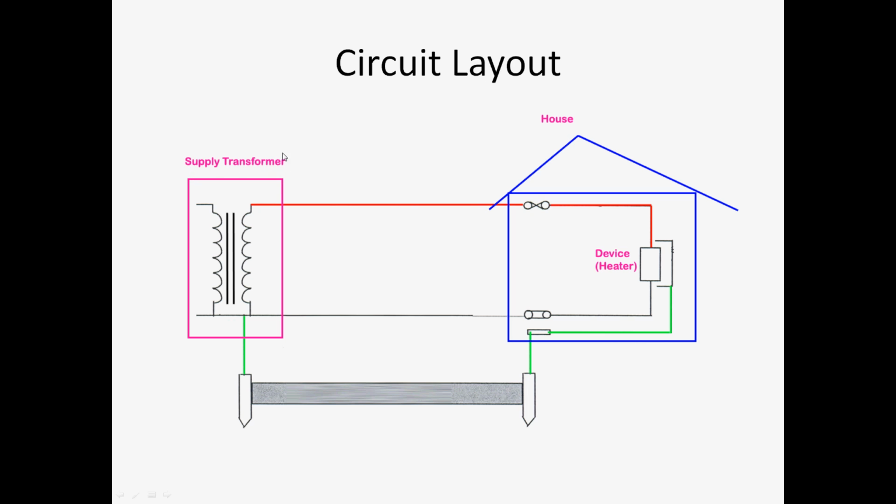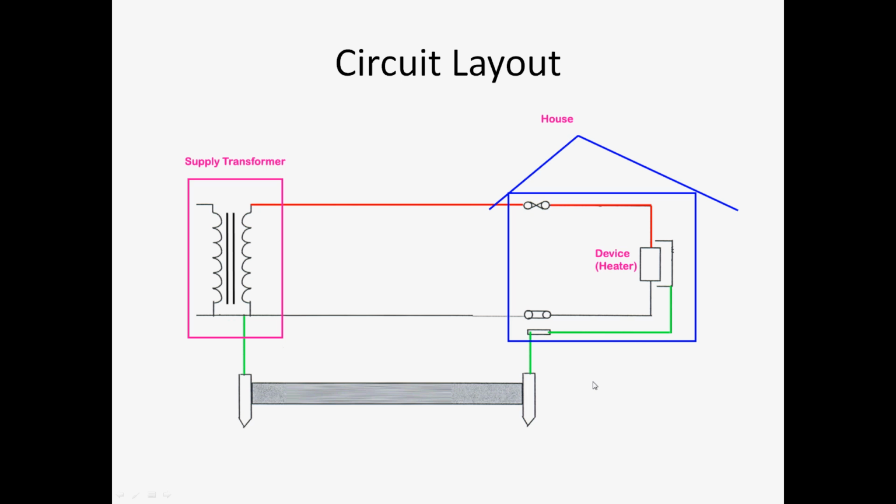Here you can see the supply transformer, and the phase wire coming inside the house through the fuse, and it goes to the device, and the output is the neutral, which goes back to the supply transformer, thus forming a circuit.